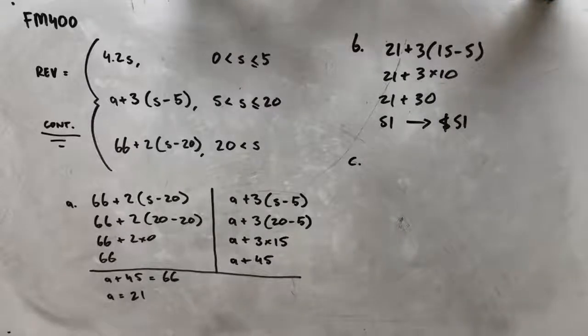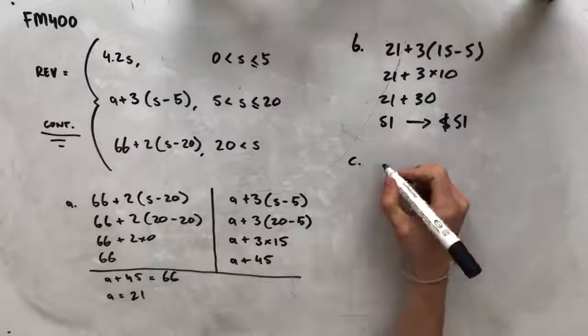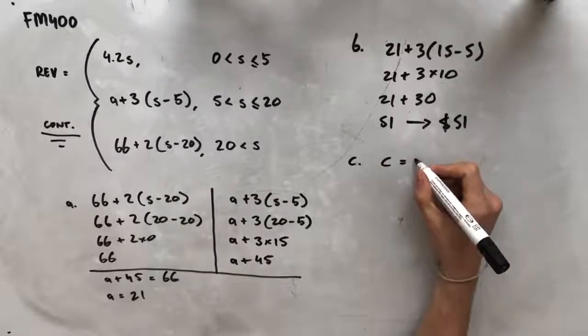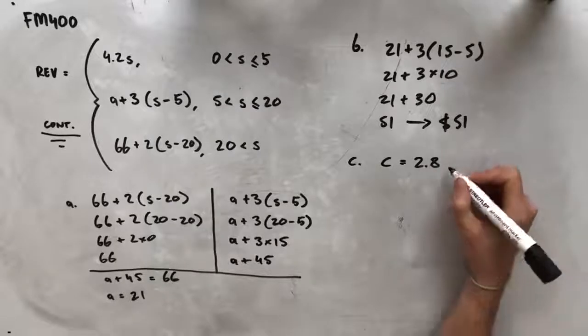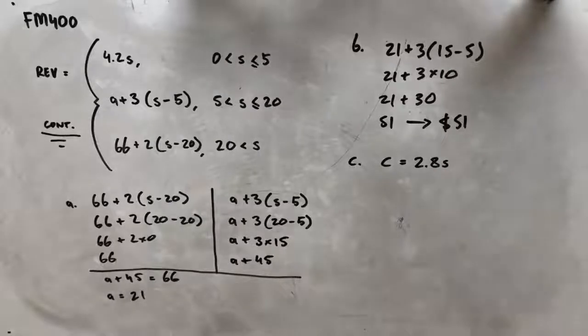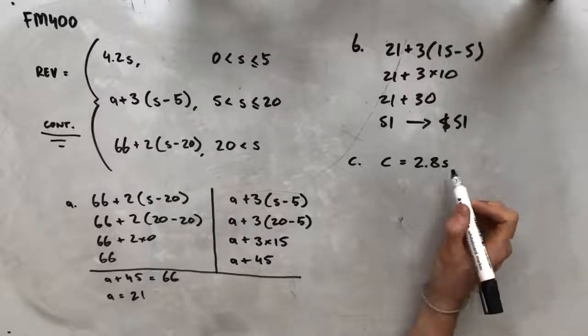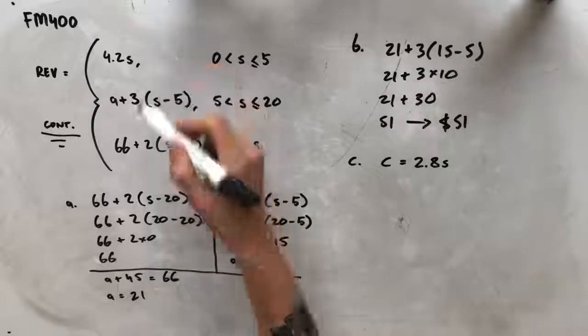Excellent. Part C says, what is the maximum number of succulents Jeremiah can sell to one customer before making a loss? We were given one little clue much earlier in this question that helps us out here, and that is that our cost is equal to $2.80 each. So our cost would be equal to 2.8S. What we want to find is the point where this coincides with one of these equations.